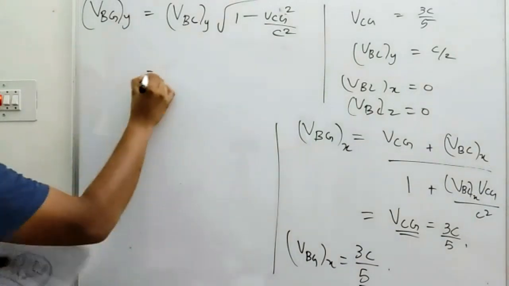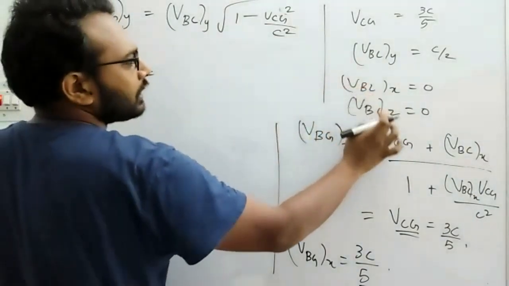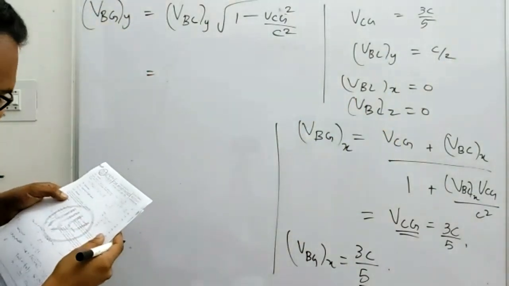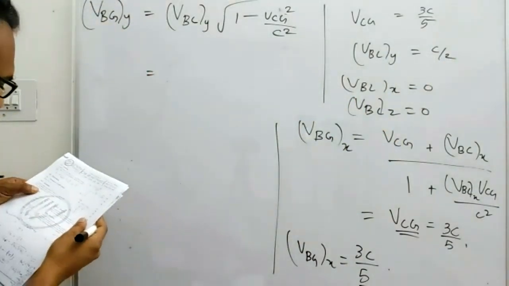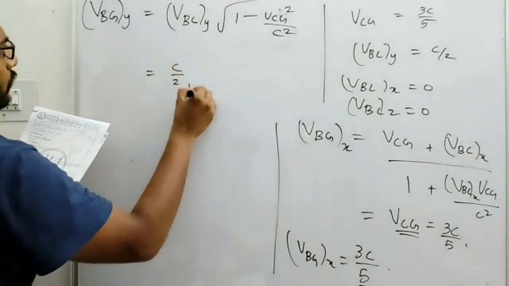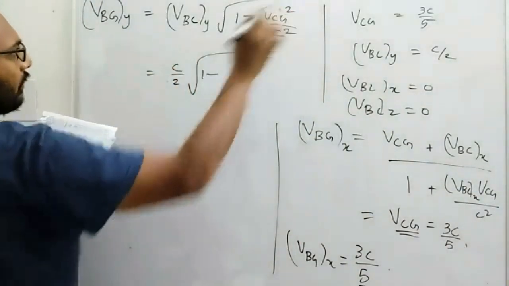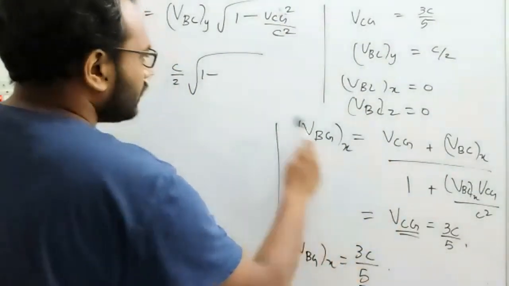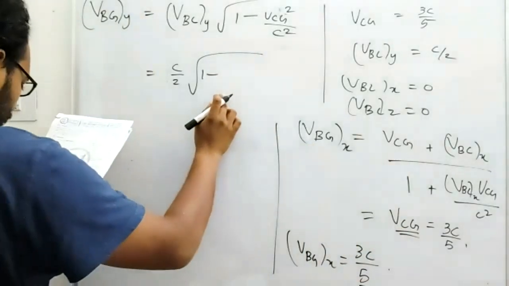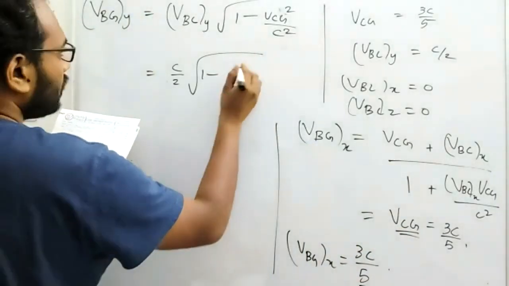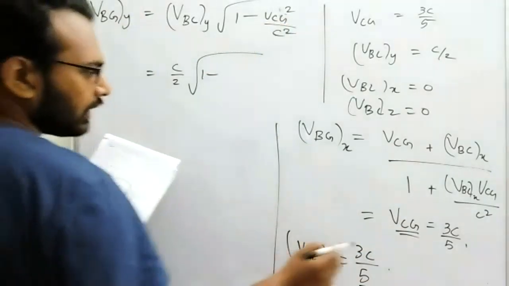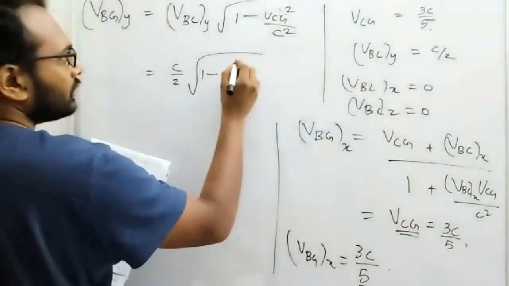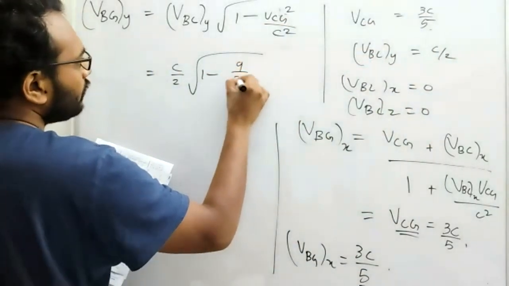And this is given, right? The velocity of the ball with respect to the car, y component is given as c by 2. So this is equal to c by 2 times the square root of 1 minus the velocity of the car with respect to the ground squared. What was the velocity of the car? 3c by 5, so this becomes 9 by 25.